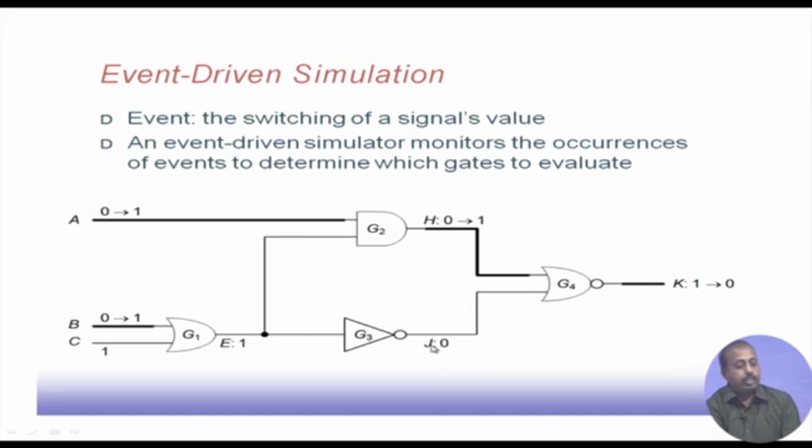What we essentially show here is that there may be a portion of the circuit that need not be simulated when we are going in this event driven fashion. Like in this case, the gate G3 need not be simulated because its input is not changing.